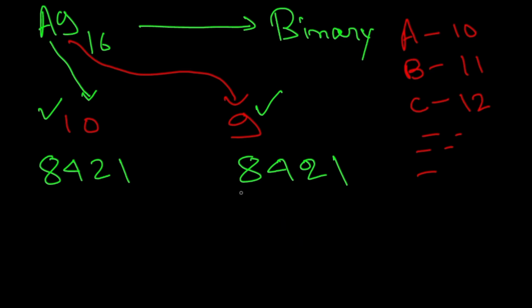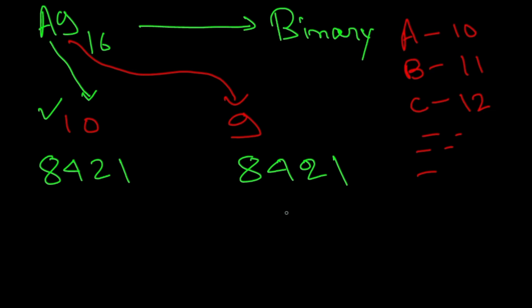Now we will check which of these numbers gives the value of 9 after adding, and we got 8 plus 1 gives you the value of 9. So we use 8 and 1 to evaluate the value of 9 into binary.